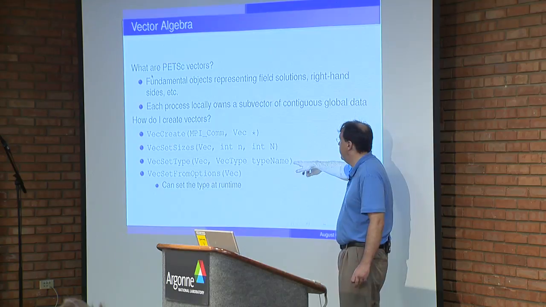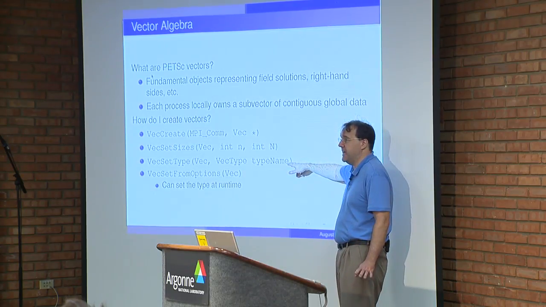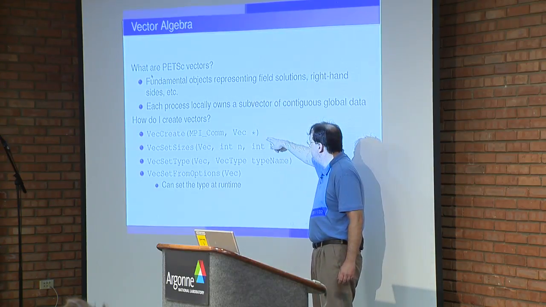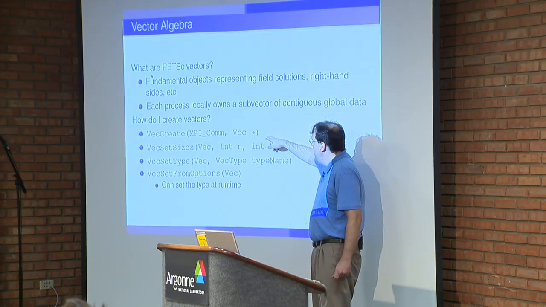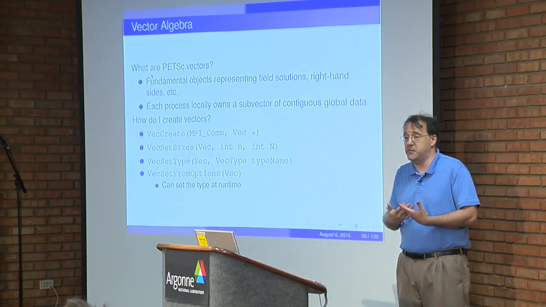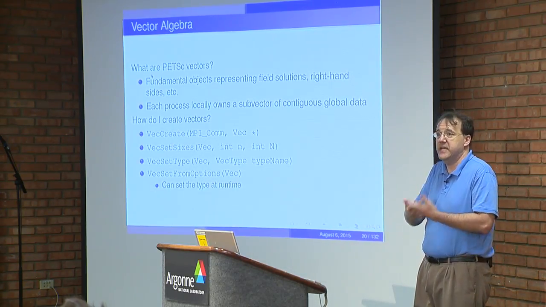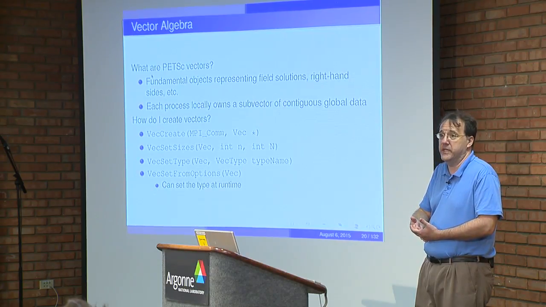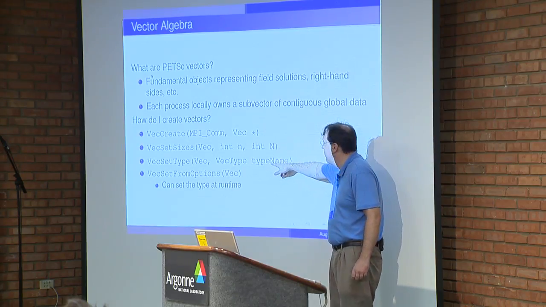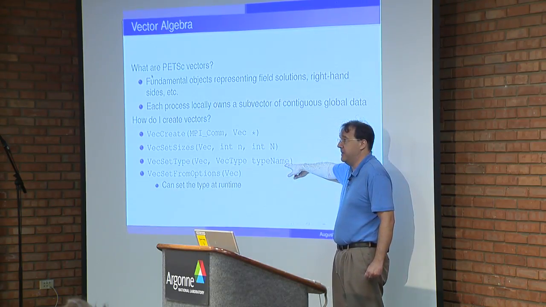Now, the vec set type is really important, not so much for vectors, but for all the other objects. When you create this vector and set things like the size, it's a little different than instantiating a class in C++, because in C++, once you've instantiated that class, that defines the underlying data structure and the code that's going to be run. In PETSc, that doesn't actually happen until you call the vec set type.